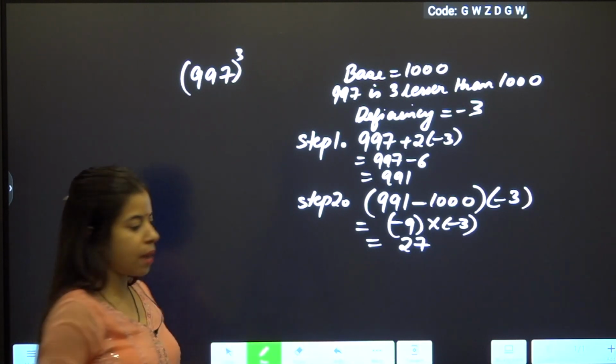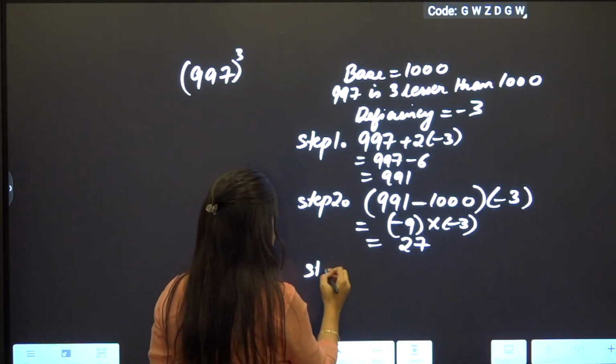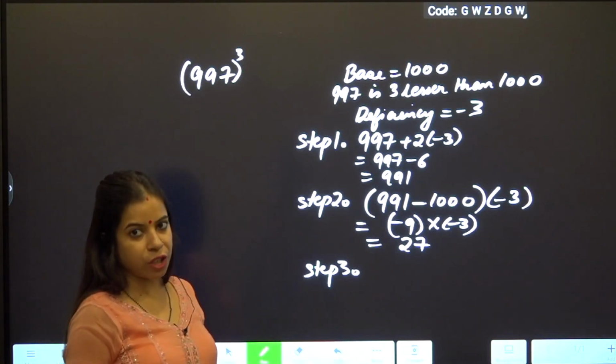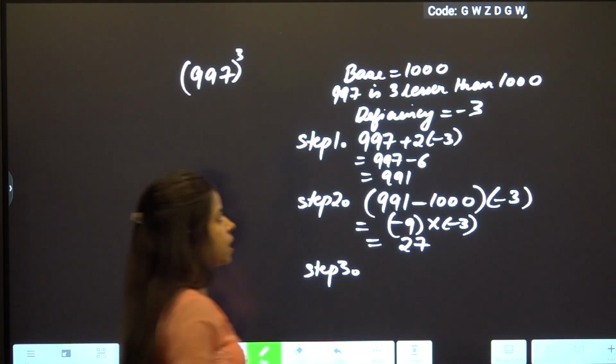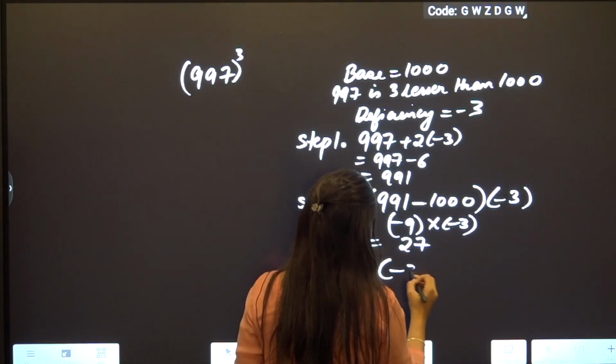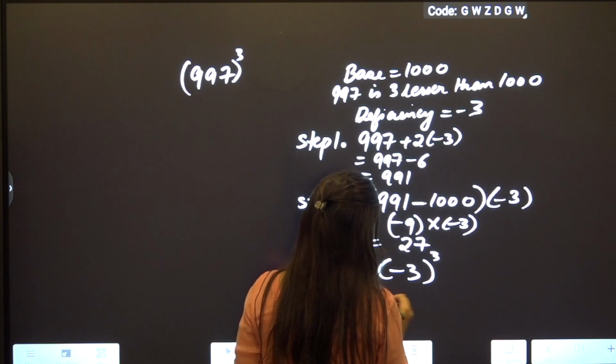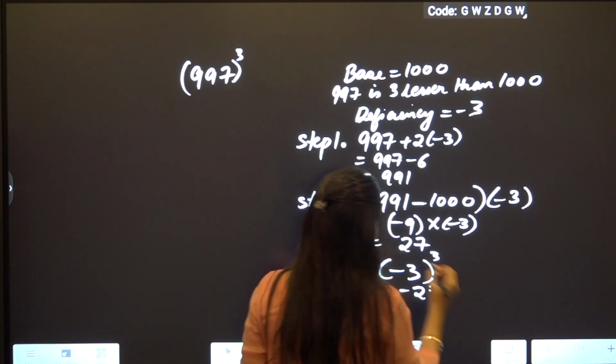In the last step, we are going to calculate the cube of the deficiency. Here the deficiency is minus 3. So, cube of minus 3 is minus 27.